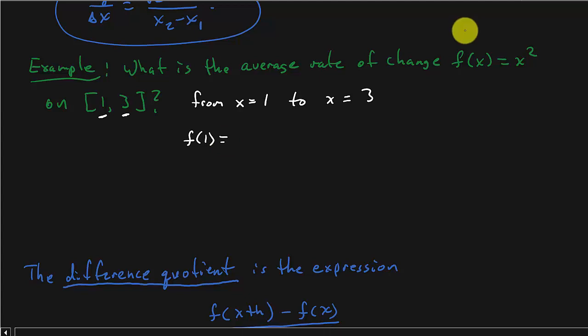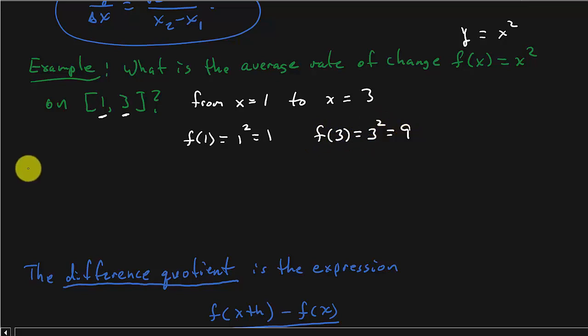It would be the same problem if it was written like that. So if I plug 1 in for x, that's 1 squared, which equals 1. If I plug 3 in for x, f of 3 is equal to 3 squared, which equals 9.